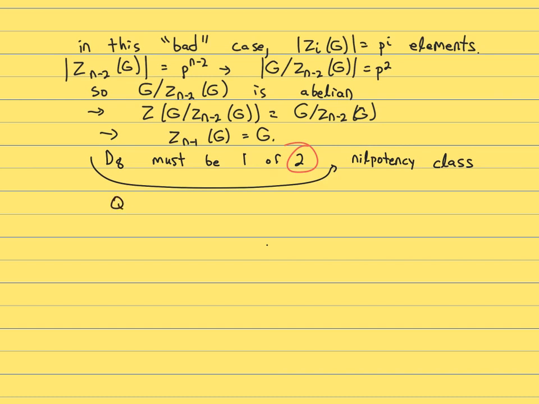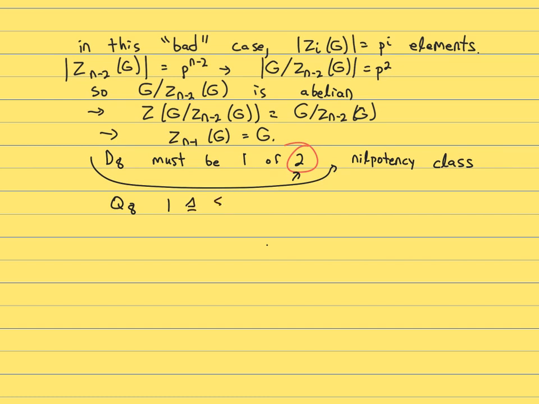Same reasoning applies to the quaternion group. It must be 1 or 2. Because the quaternion group is non-abelian, it must be 2. So without even figuring out what it is, we already know the answer. So then you could actually figure out what it is. It must be 2, so you must look at the center.